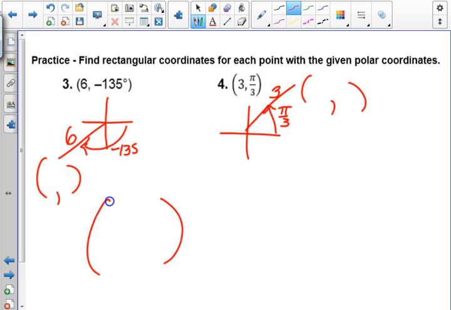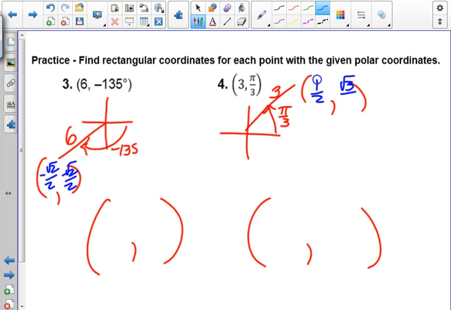Tell me what the XY coordinates are going to be. Did I get the ordered pairs right?